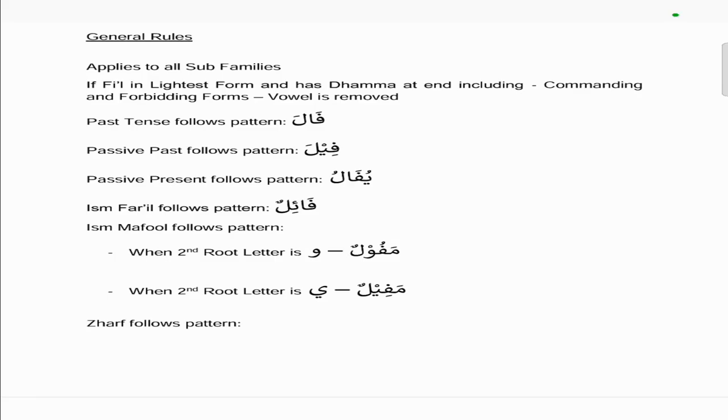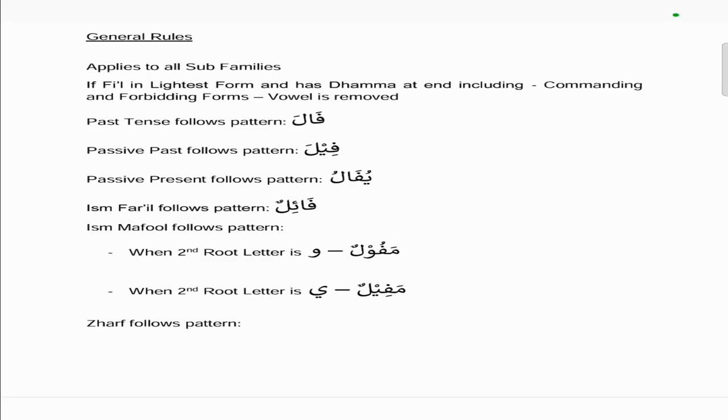So the past tense follows the pattern fa'ala, the passive past follows the pattern fu'ila, and the passive present follows the pattern yufalu, which is typical. You can see all the harakat at the top. Ism fa'il follows the pattern fa'ilun, and the ism maf'ul follows two different patterns.